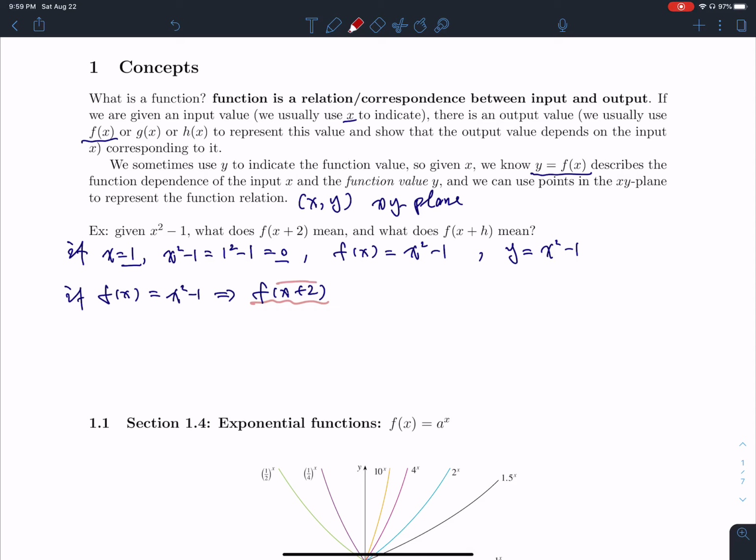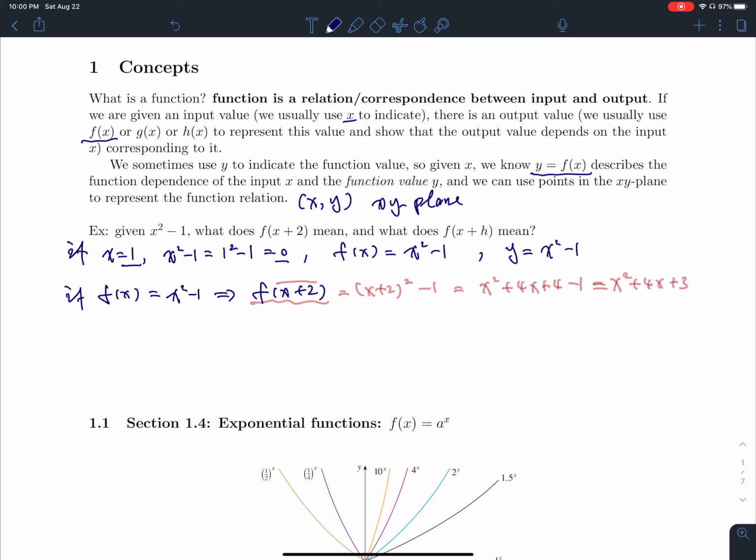It is not x anymore. Whenever you have this value for x, you add 2 to it, and then plug into f of x. So the input for f of x plus 2 is not x anymore, it is x plus 2. And then this whole thing will be squared and then subtract 1. Obviously you can simplify this. You get x squared plus 4x plus 4 minus 1, which is x squared plus 4x plus 3.